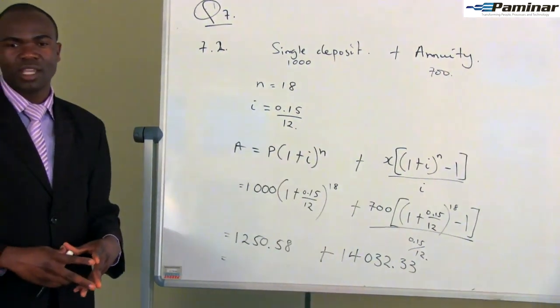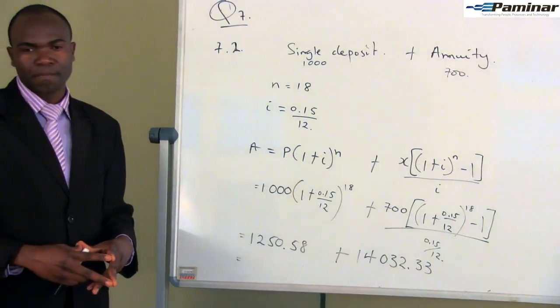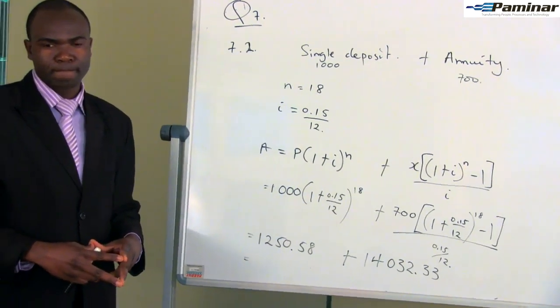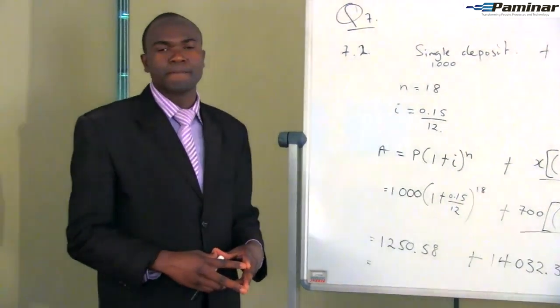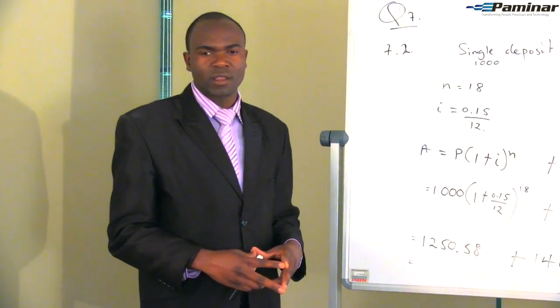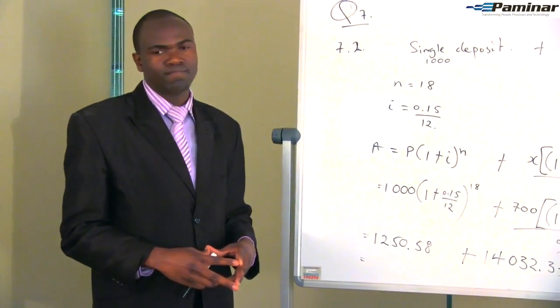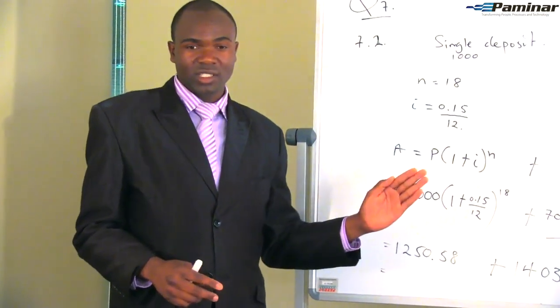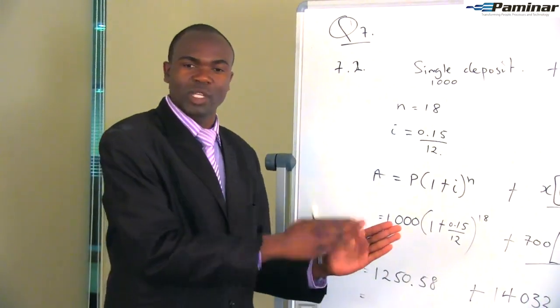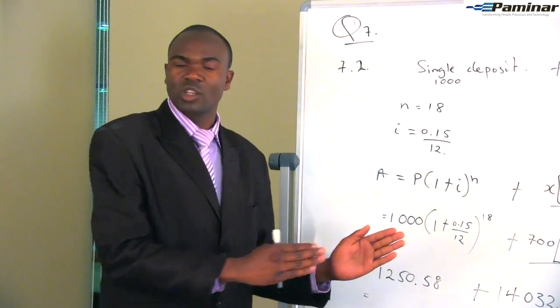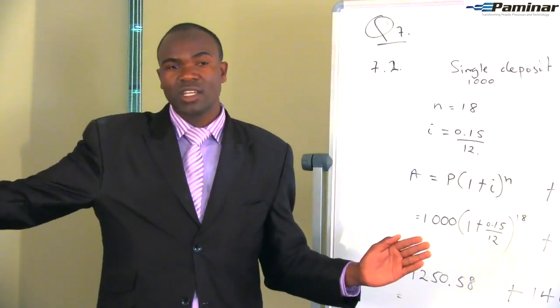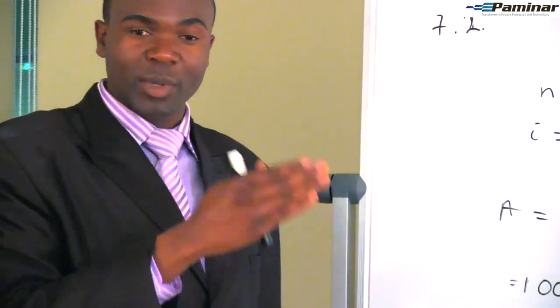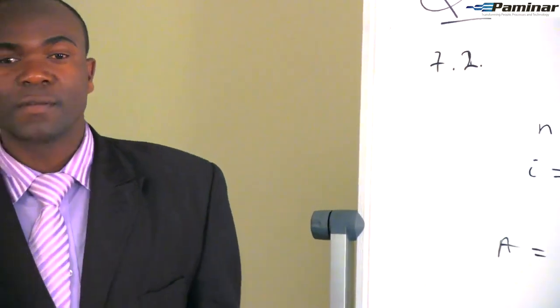So instead of separating the single deposit and the annuity, is there any formula you can use to calculate it once? You cannot combine them. Remember, the 1,000 is just a once-off, paid at the beginning, and it accumulates after 18 months. The 700 was paid every month.